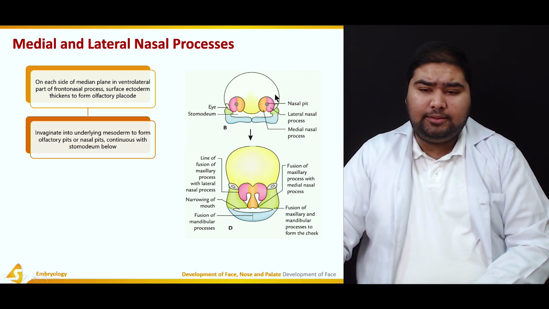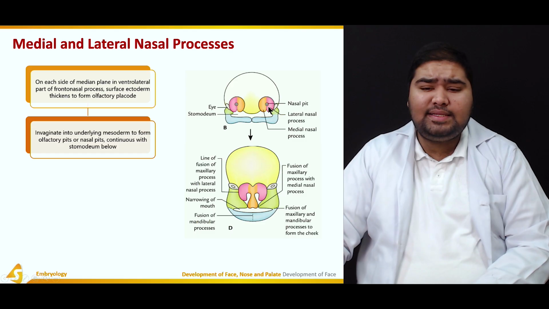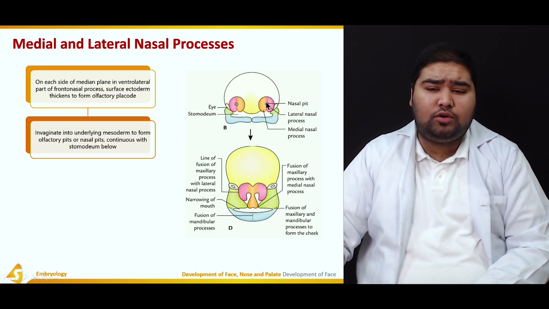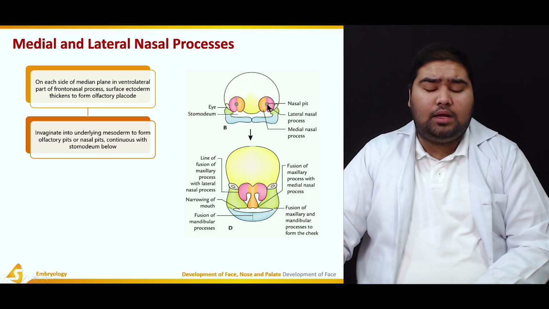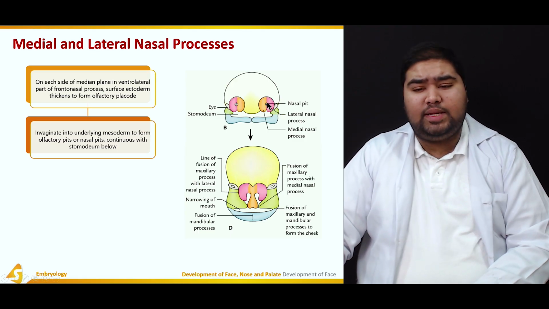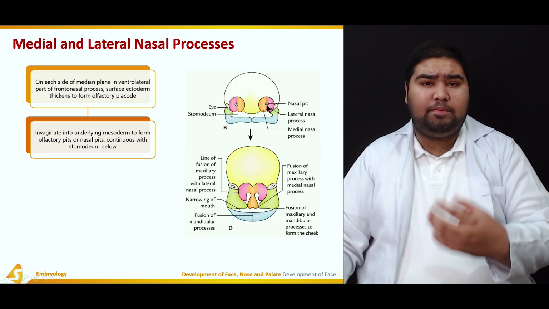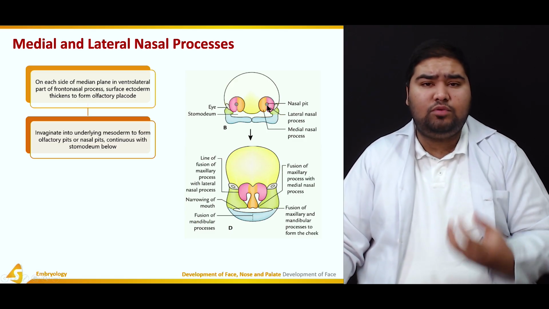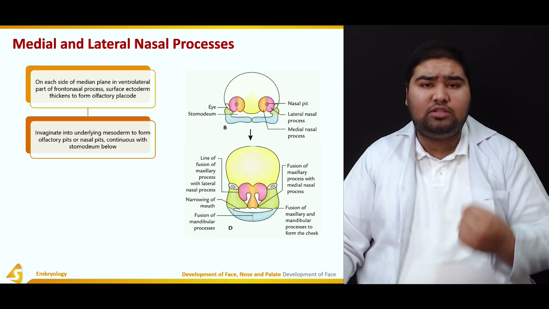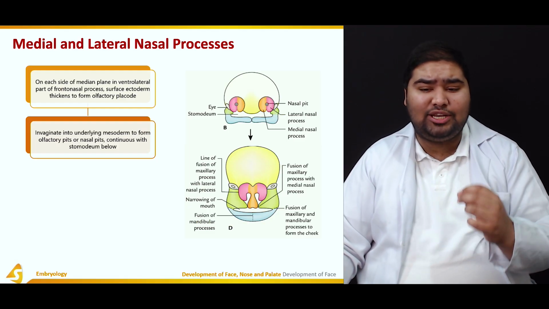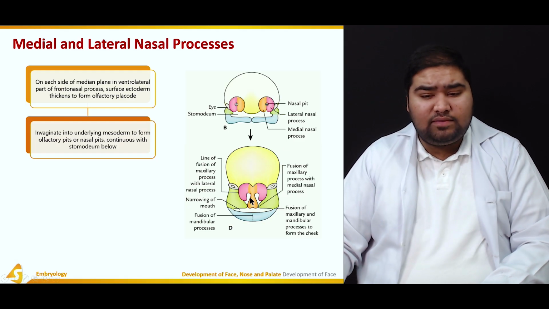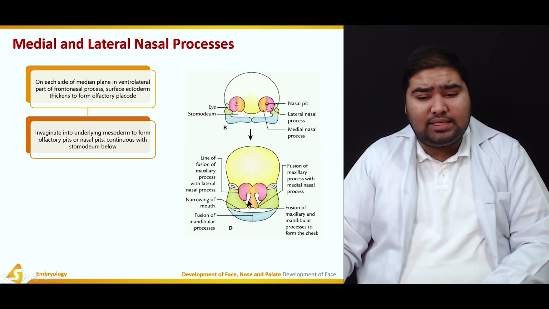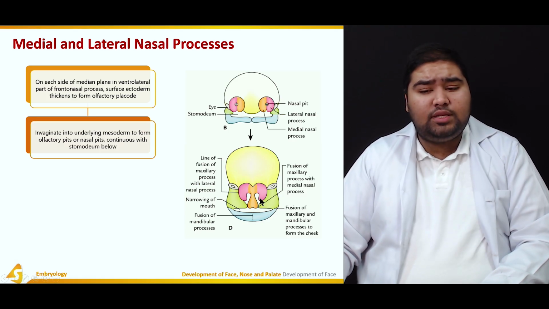So here in the figure, you can see this is the nasal pit or the olfactory placode, the circular uncolored area in this pink and orange mesenchymal process. This is the nasal pit. This is the olfactory placode which is being formed, which is the site of formation of the adult nose. And in this figure you can see at this point in time it is continuous with the stomodium.